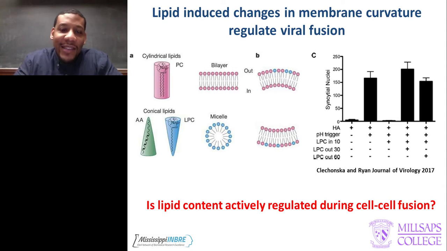And on the x-axis, you see the addition of various fusogenic proteins. So HA is a viral protein that will lead to cell-cell fusion, okay? So what you see is that when you add HA, so that's the plus signs, you see an increase in syncytia formation.